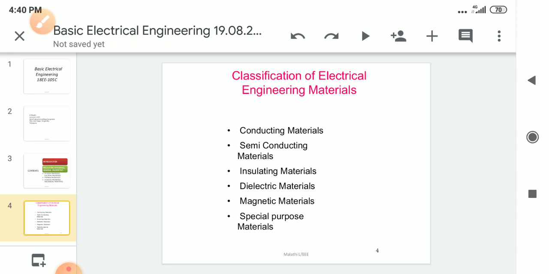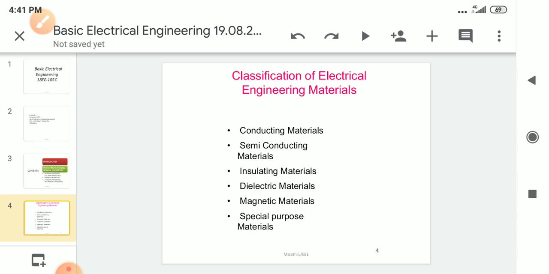Without insulation, it is highly dangerous to touch a conducting material. Depending upon the voltage, it sometimes gives a shock, or sometimes it causes an accident and death, with the body fully burned too. So it depends upon the voltage.